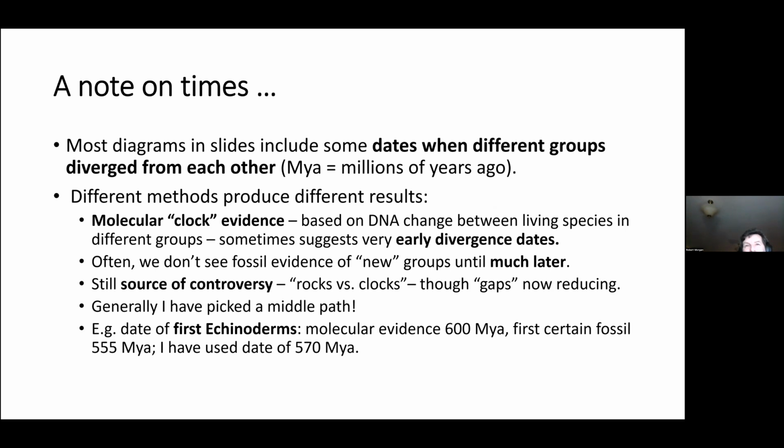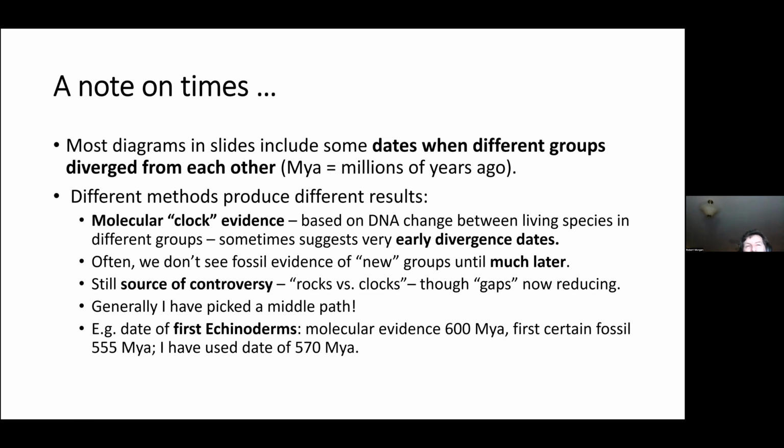This is based on this rate of DNA change that we talked about. So the idea is you look at two living species, for example, an annelid worm and a mollusk, and look at how much difference there is in the DNA between them, and try to work out from that amount of difference how long ago they actually diverged from each other, how long ago that the mollusks diverged from the annelid worms.